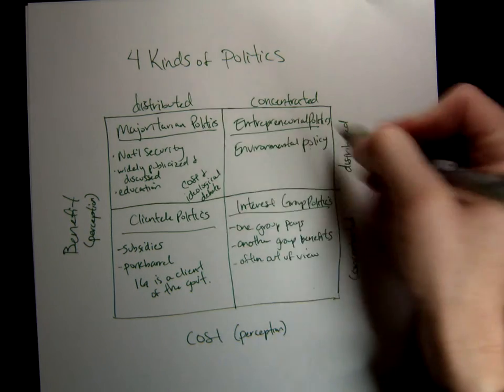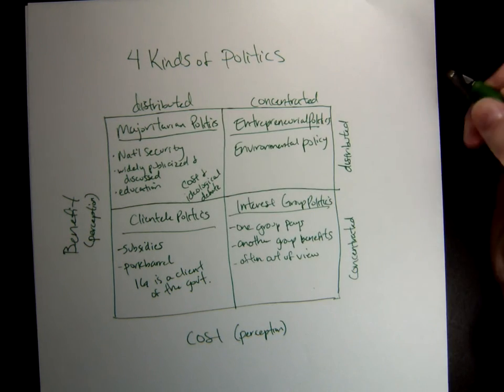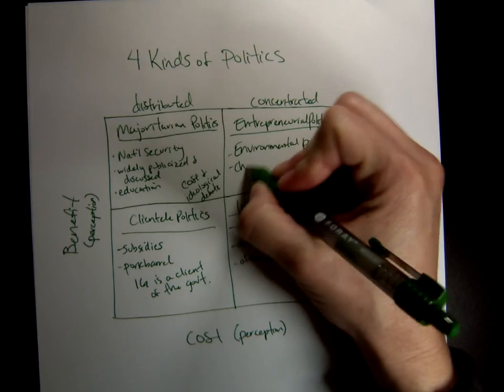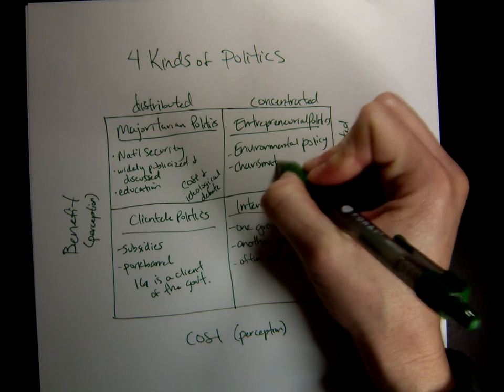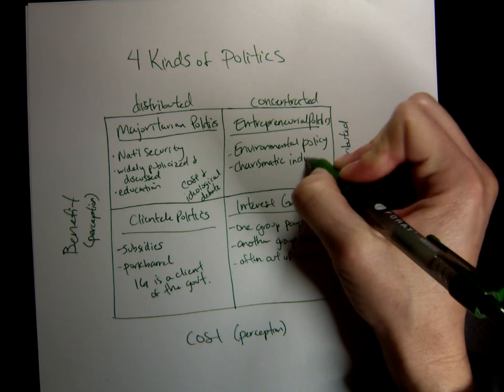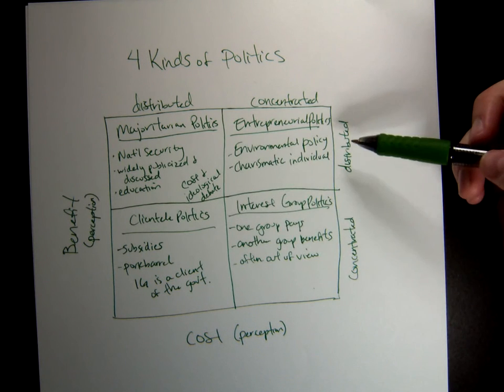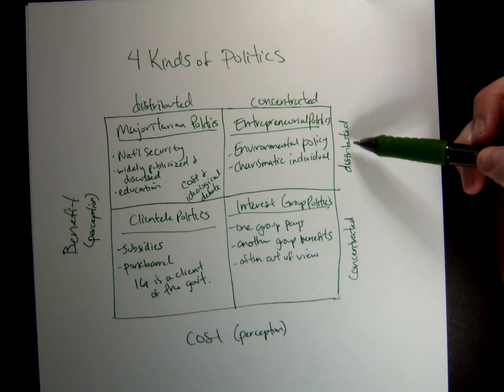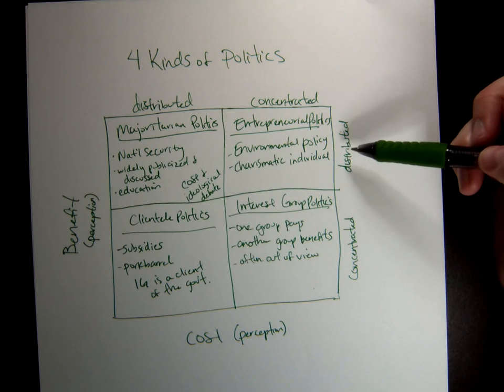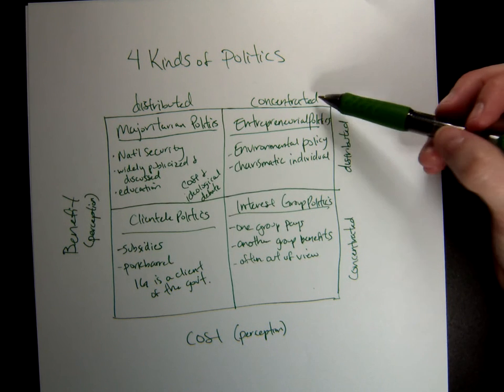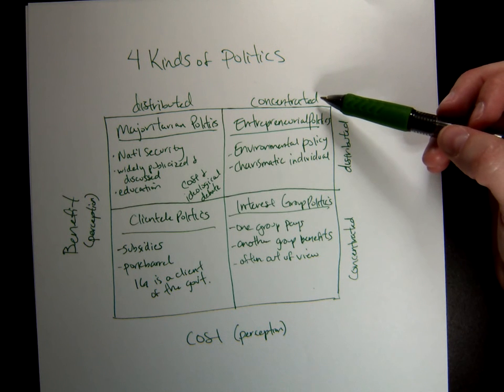This quadrant of politics really takes off only when you have a charismatic individual. Someone who can essentially mobilize the large group that is going to be benefiting from it, mobilizing them to guard their important interests against the probably well-organized small group that is trying to not have to pay for this policy.